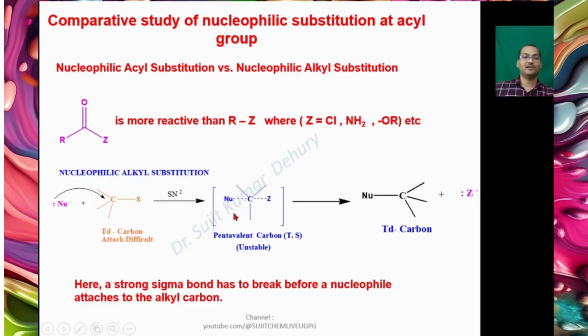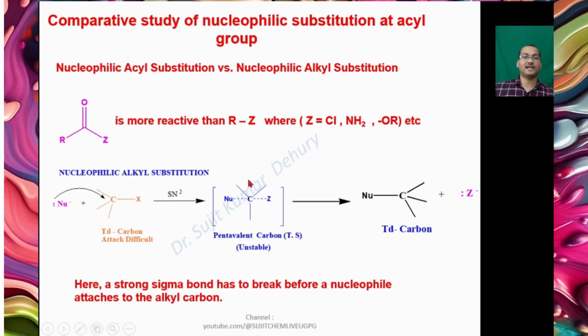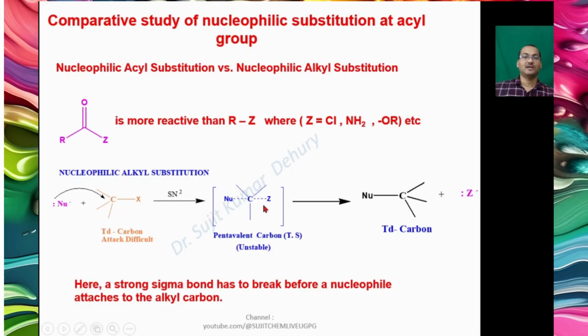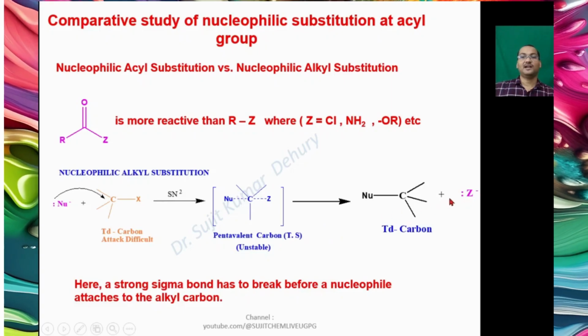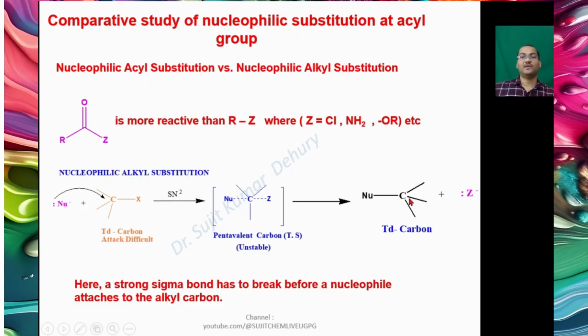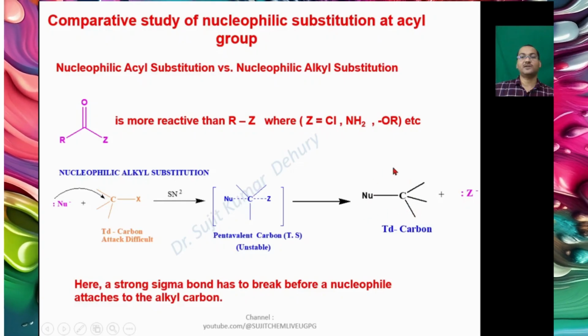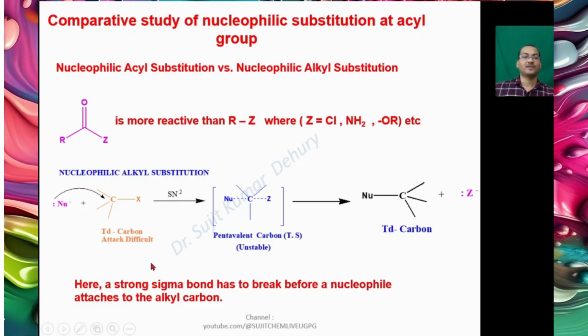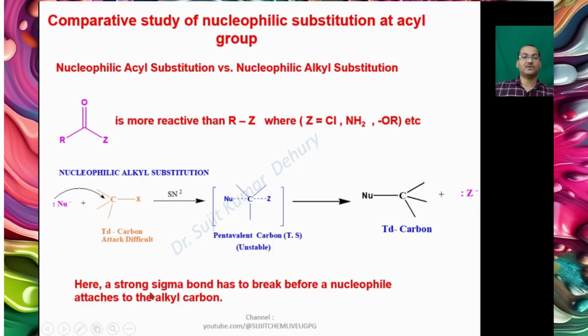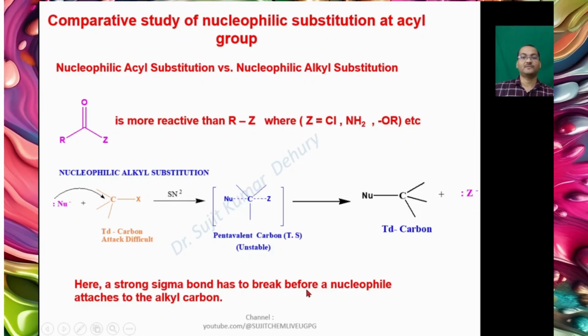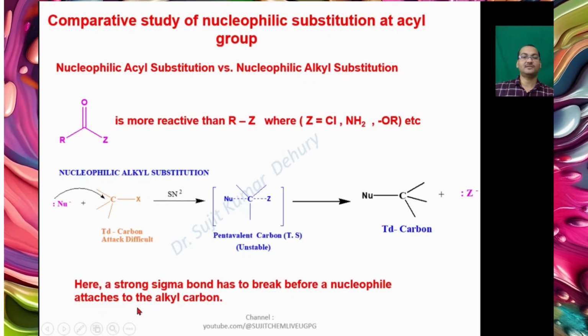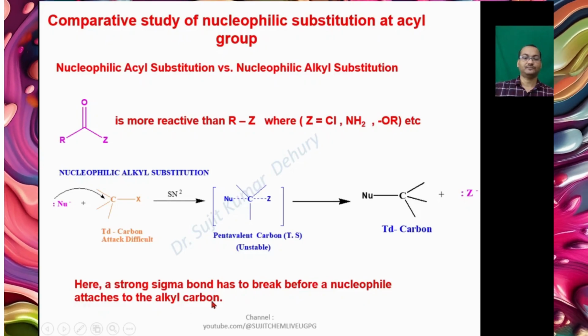As a result, you get this pentavalent transition state, which is unstable, and ultimately the nucleophile will be attached to this carbon center, and the stereochemistry is reversed, plus Z minus. So here a strong sigma bond has to break before a nucleophile attaches to the alkyl carbon.